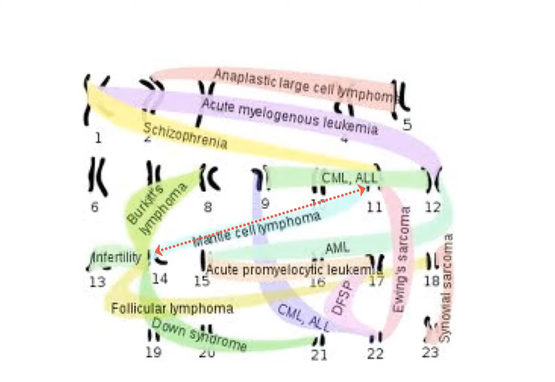14 and 11, a crossover there, causes this mantle cell lymphoma. There's a crossover between 14 and 18, causes a follicular lymphoma. And then there are other ones here, Ewing's sarcoma between chromosome 22 and chromosome 11, and many others. You can see there are other diseases such as schizophrenia here and Down syndrome being caused by chromosomal translocations.